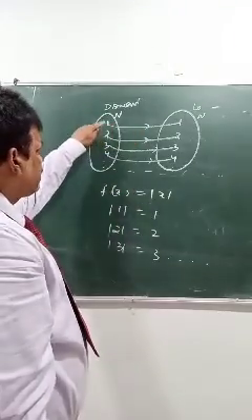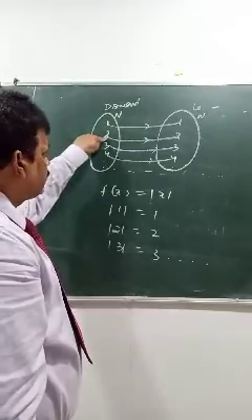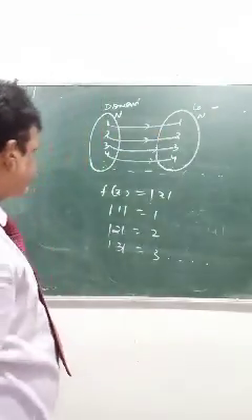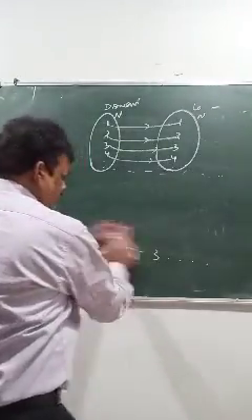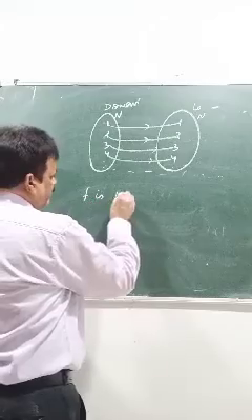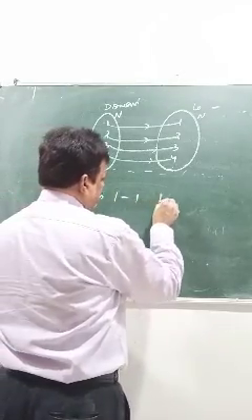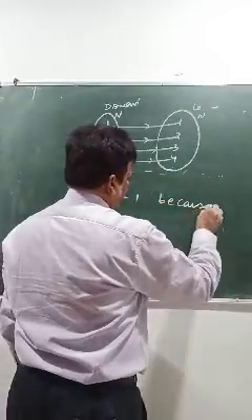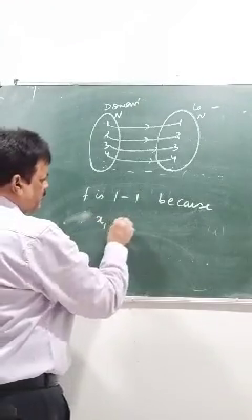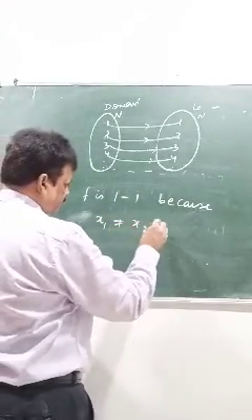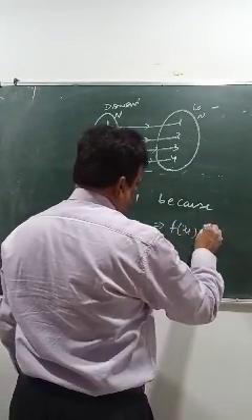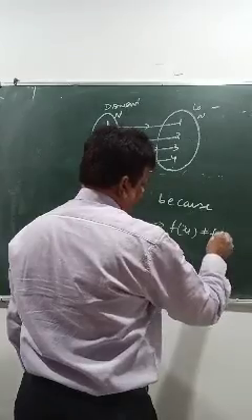It is one-one because if x1 is not equal to x2, then f(x1) is not equal to f(x2). So you can write f is one-one since x1 not equal to x2 implies f(x1) not equal to f(x2).